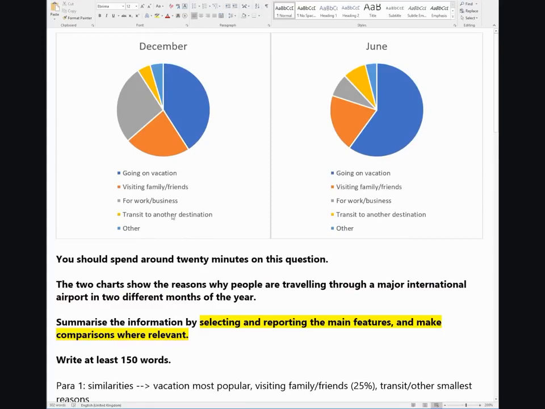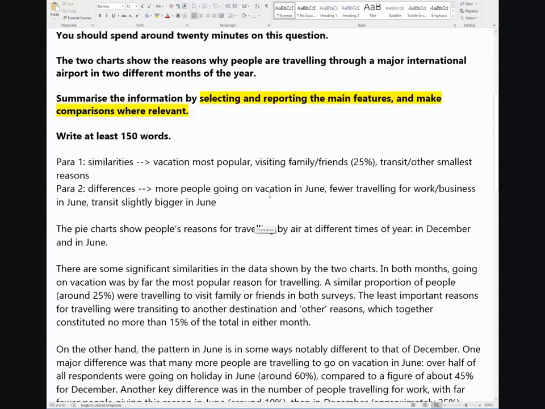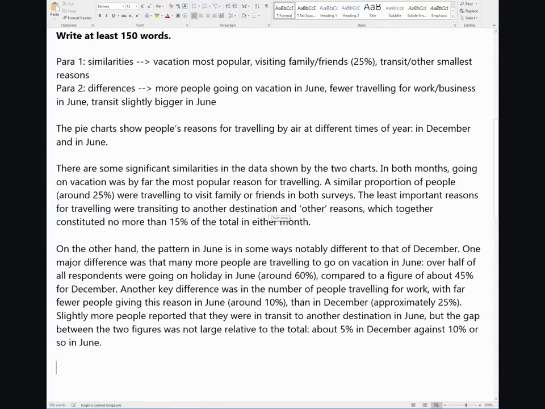Each chart has 5 pieces of data. That makes 10 total. So obviously you need to do a lot of comparing and linking, and it would be very easy, I think, to get repetitive there. So I did try to use a range of language there. It was something I was thinking about, and I'll show you a few of the things I mean.